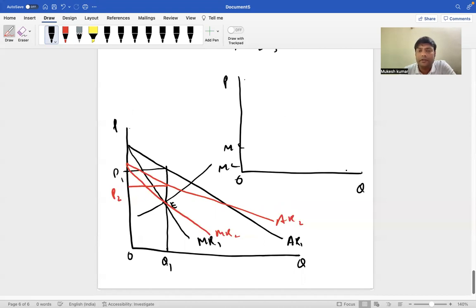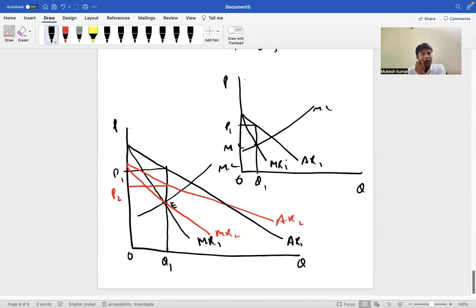Price, quantity, and let's say the demand curve is like that. Marginal revenue accordingly is this, and suppose that marginal cost is this. Now the price charged by the monopolist is OP1, and output produced is OQ1.